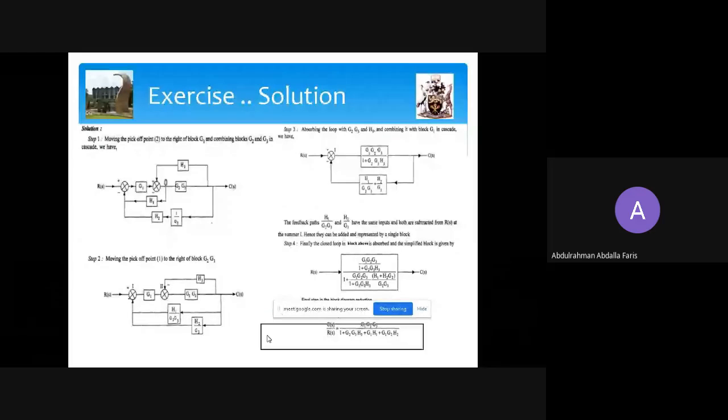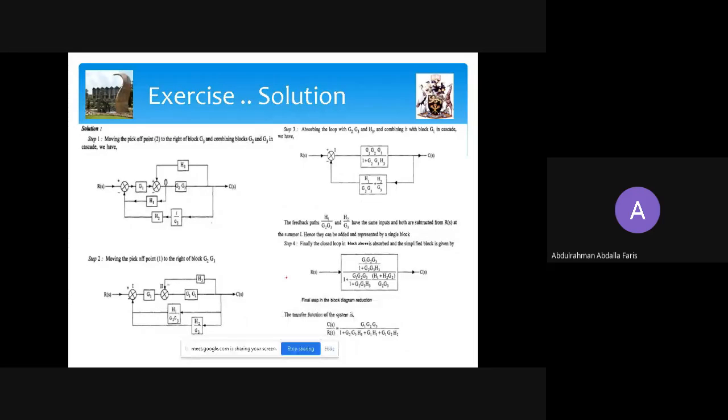So last week I gave an exercise that is just a practice exercise for the block diagram reduction. Of those who did it, I think there were only 17, and most of them got it. So I'll just go through it quickly. This pickup point was here. So when we shift it ahead, then it means this GR will actually divide H2.